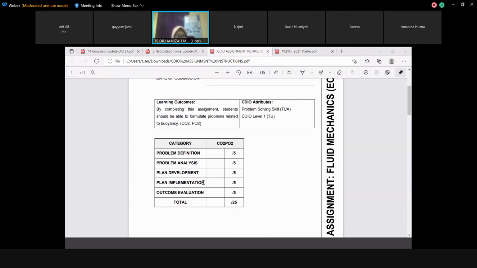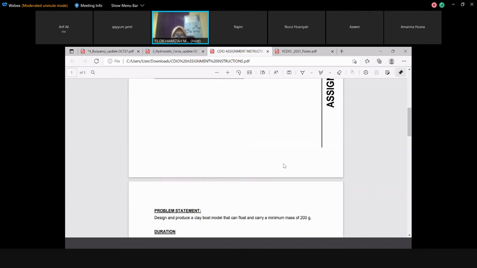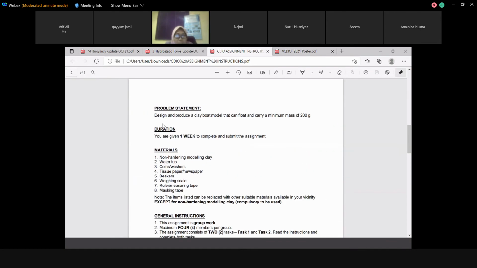So this is how you test the buoyant force and also the outcome evaluation. Okay, so the problem statement, design and produce a clay boat model that can float and also carry a minimum mass of 200 gram ataupun 0.2 kilogram.